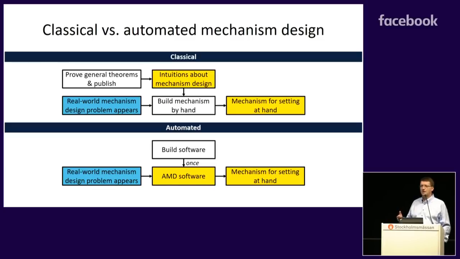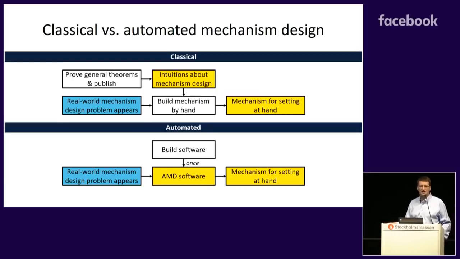For example, you might say, for this class of setting, this mechanism accomplishes properties X, and for that setting, no mechanism accomplishes properties Y. Then you publish the results, people draw intuitions from them, and when they face a real-world problem, they apply the intuitions manually to build a mechanism that's somehow loosely motivated by the theory, and then they apply the mechanism to the setting at hand.